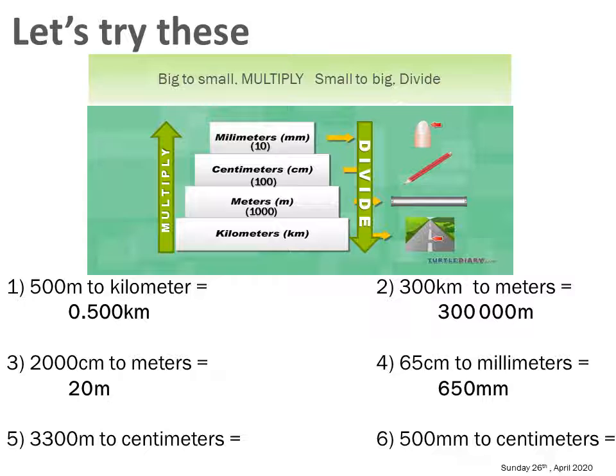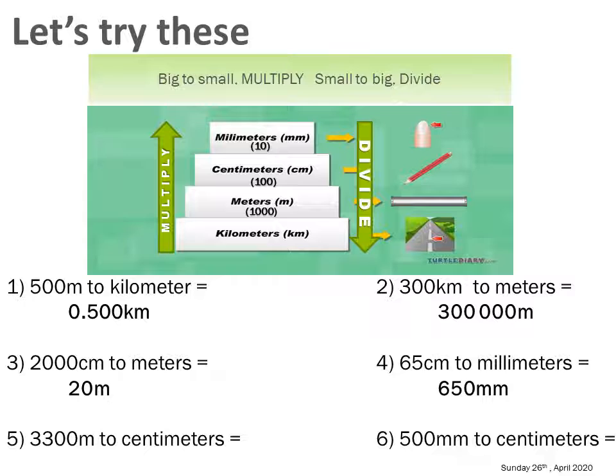So now I will multiply by 100. 3,300 meter multiplied by 100 will be 330,000 centimeters. We're changing now to centimeters.